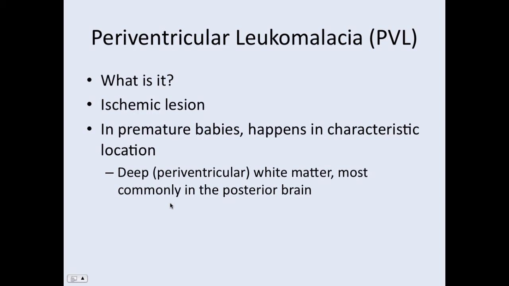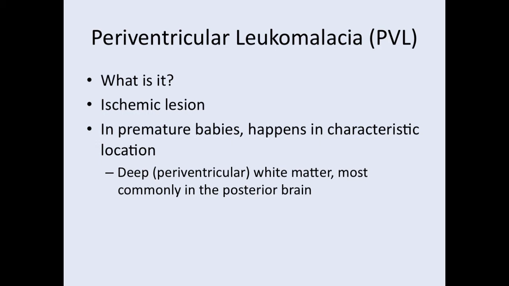Another common thing we're looking for in NICU babies is what's called periventricular leukomalacia. What it is, it's an ischemic lesion or insult to the baby's brain. Maybe they were hypoxic for some reason, they didn't have good blood flow for a period of time, and in essence it's an area of stroke basically.